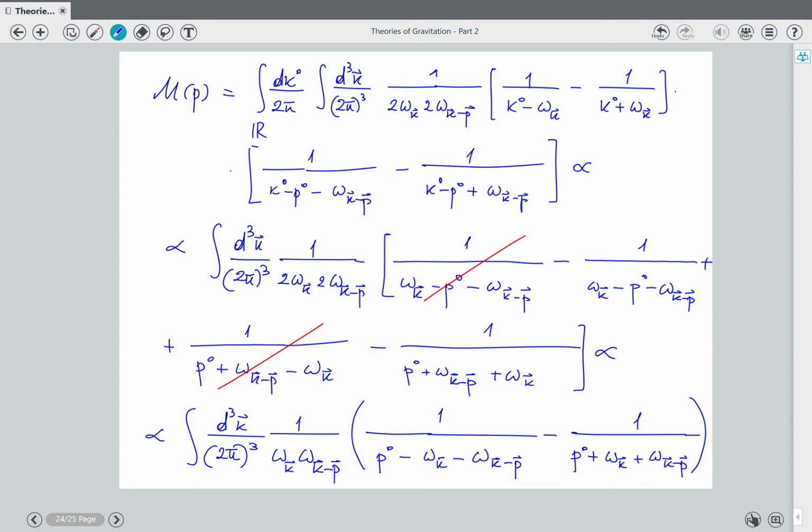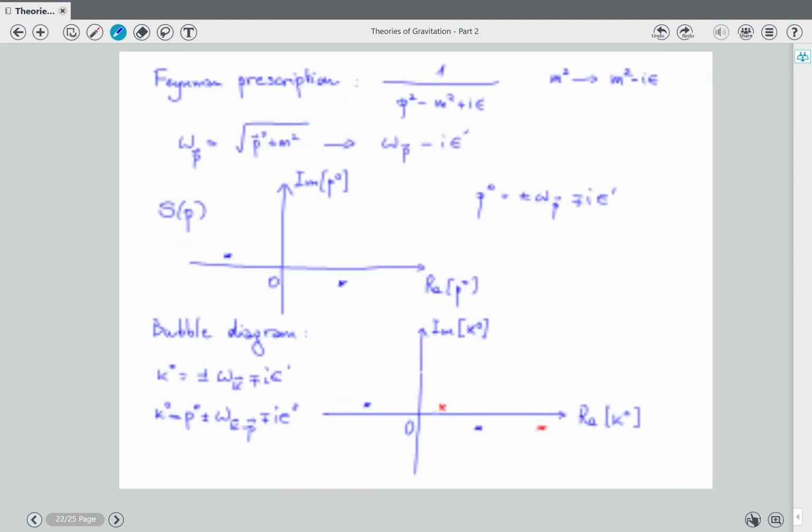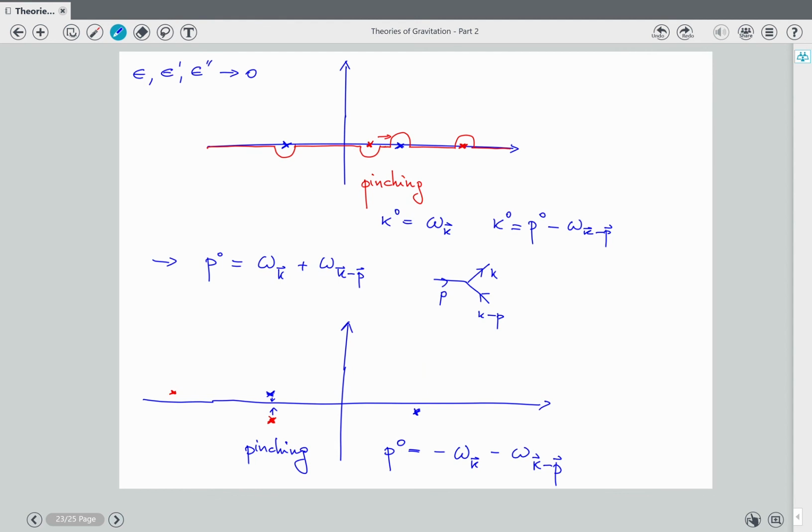And for this to be singular, it's enough to have even one value of k in R3 that makes it singular. So to find the singularities, we have to find the solutions of this denominator being equal to 0 for every k. But that's quite simple, actually, because we have already written the solution. Where was it? The pinching. Here it is.